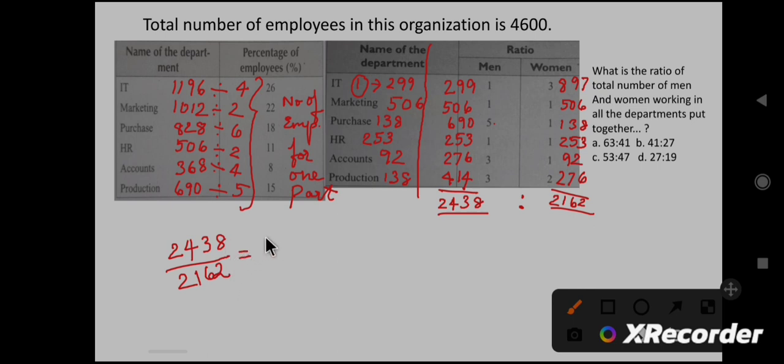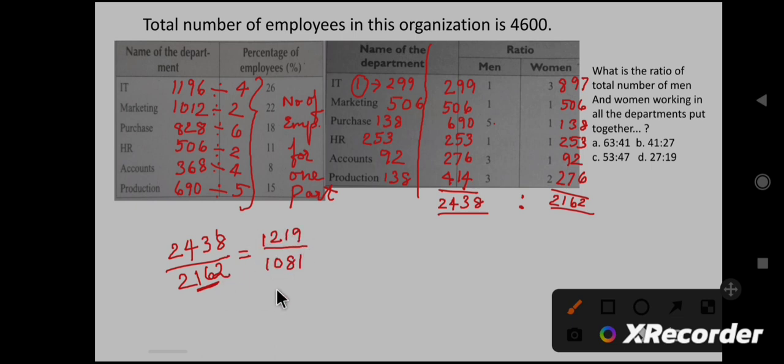If we divide by 2, we get 1219: 2 ones are 2, 2 twos are 4, 2 ones are 2, for 3 one is remaining, so 2 nines are 18. Similarly for the other number, 2 ones are 2, 0, and as 1 digit cannot be divided by 2, we take 16. 2 eights are 16 and 2 ones are 2. So if we divide this number by 2, we get 1081.